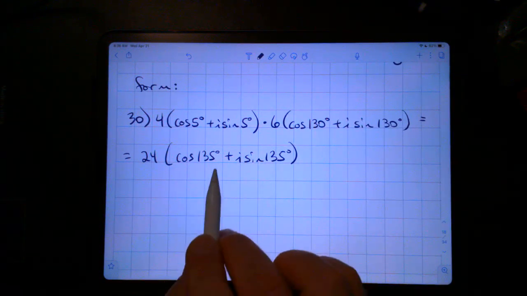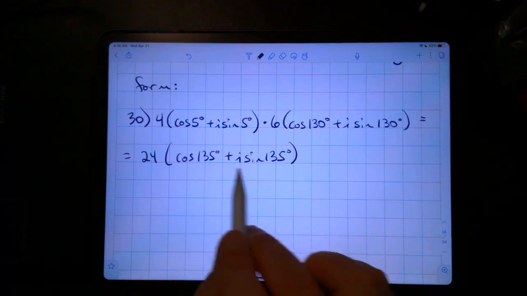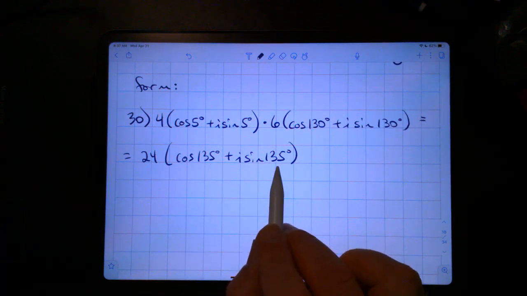Okay, but cosine of 135 is negative radical 2 over 2. Sine of 135 is positive radical 2 over 2.